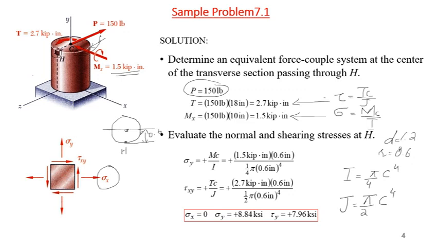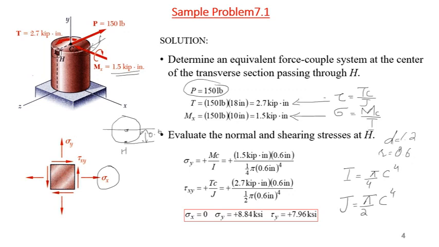Sigma y we calculated, that is 8.84 ksi, and tau xy is 7.96 ksi. Now if there is some other force that causes normal stress along the x-axis, then we will calculate that also. And there is no stress acting along the z-axis, normal to the z-axis.